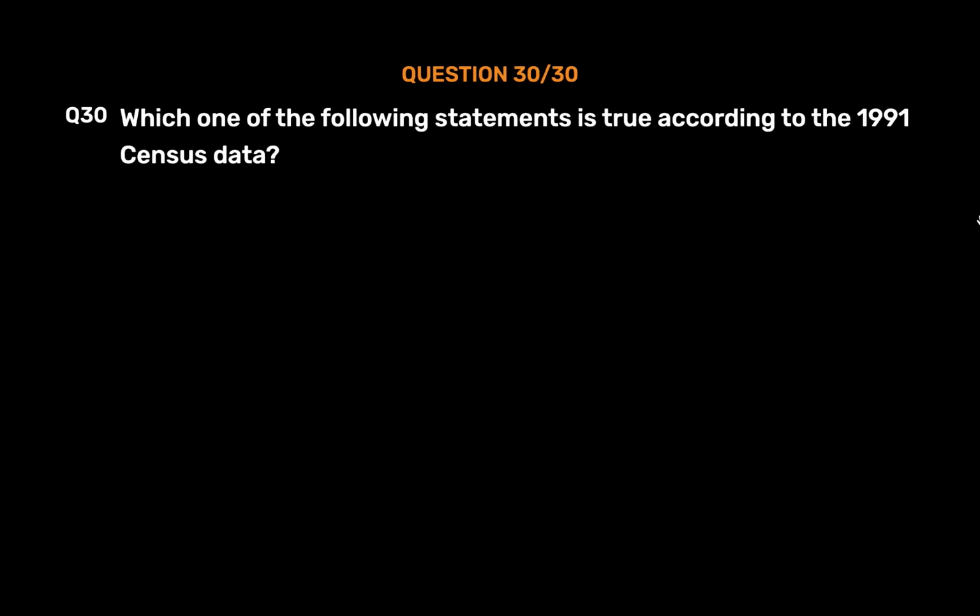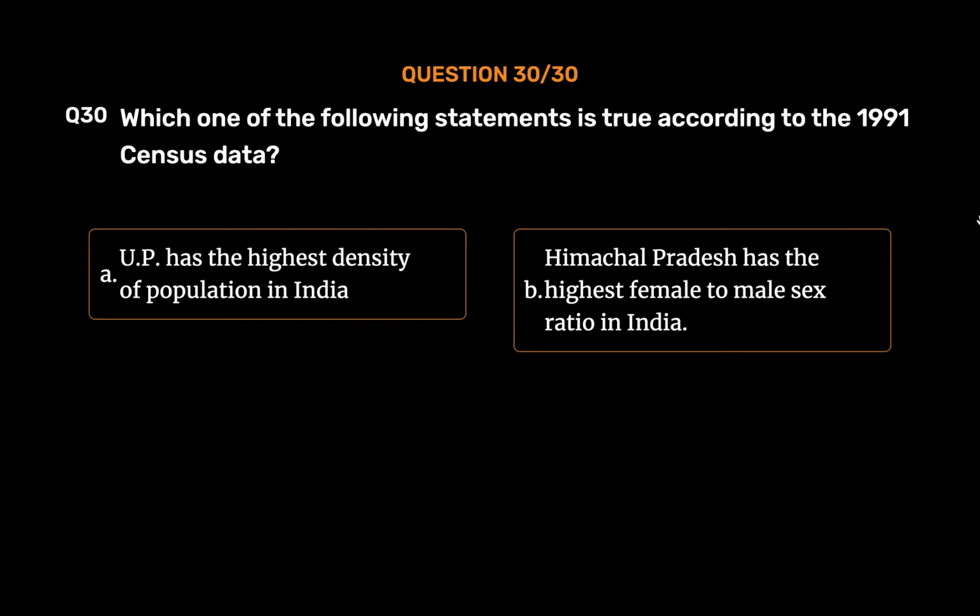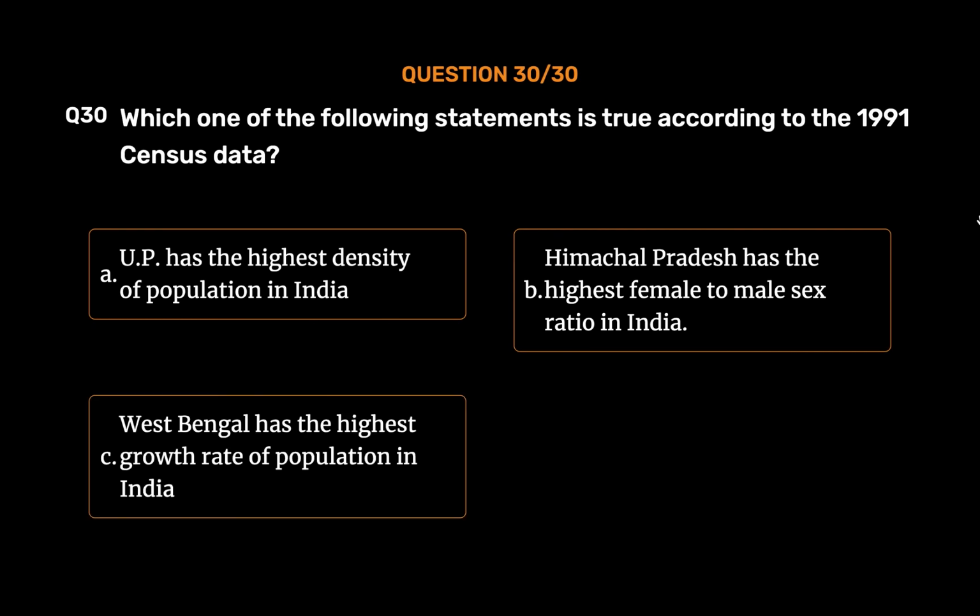Question number 30. Which one of the following statements is true according to the 1991 census data? Option A. UP has the highest density of population in India. Option B. Himachal Pradesh has the highest female to male sex ratio in India. Option C. West Bengal has the highest growth rate of population in India.